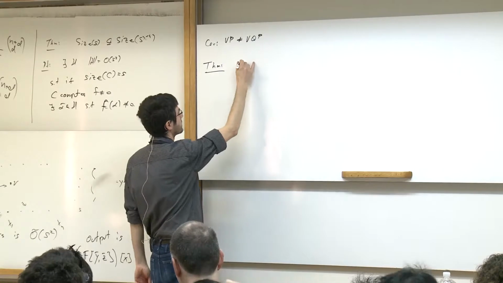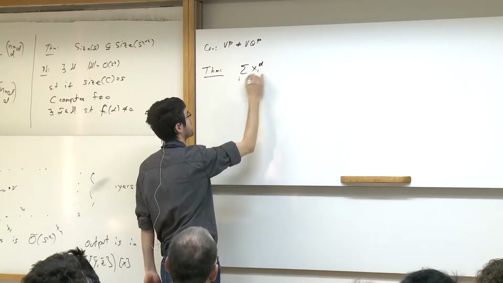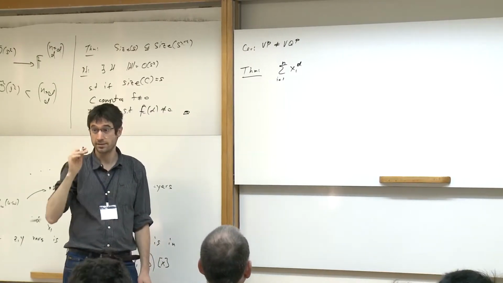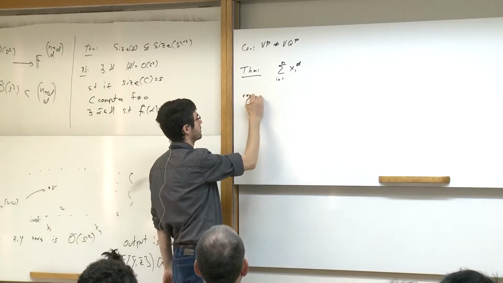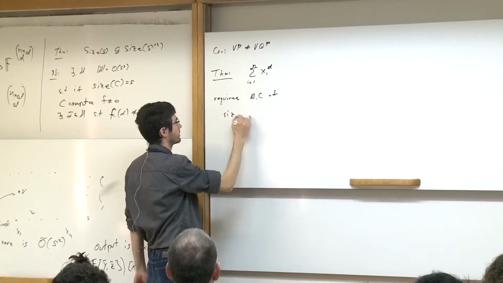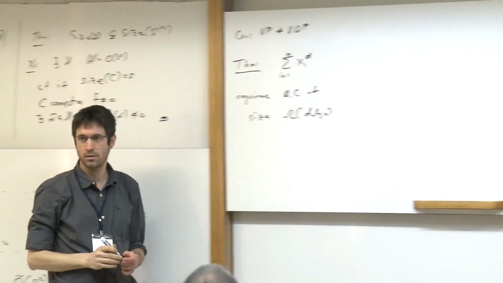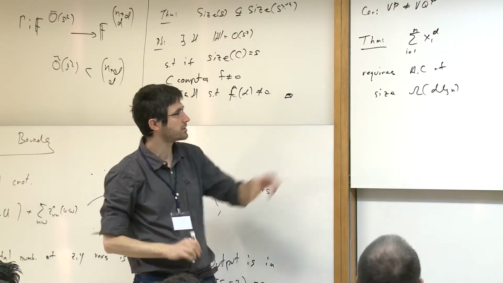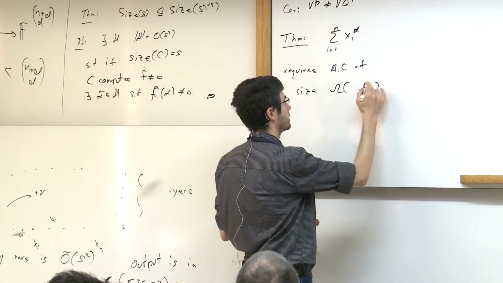It says the following: if you look at the sum of x_i to the d, the degree d power sum, then it requires circuits of size omega of n log d. Sorry, it's n log d. Thanks.